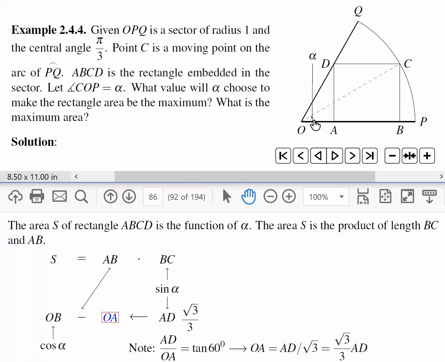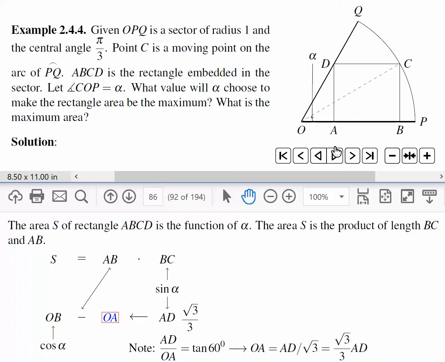The only thing that changes is C moving along PQ. So we want to determine this location C. Basically, we want to determine alpha. If we know alpha, then we know the location C, then we should be able to find this rectangle, and then we should know this area.